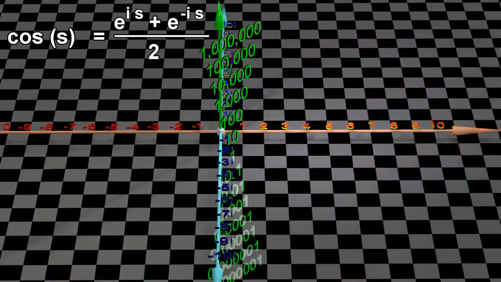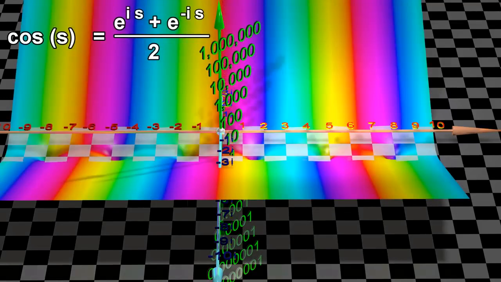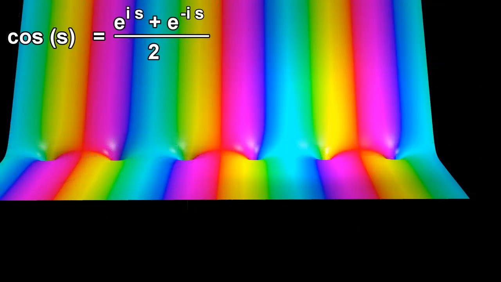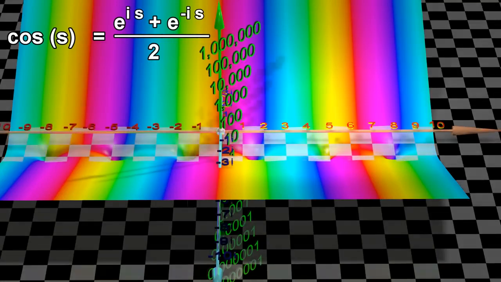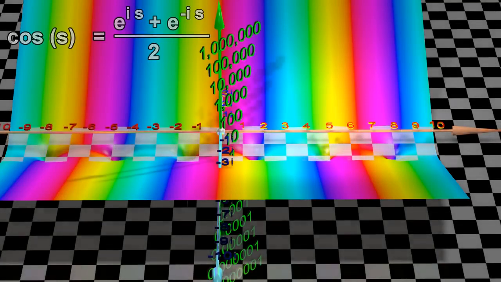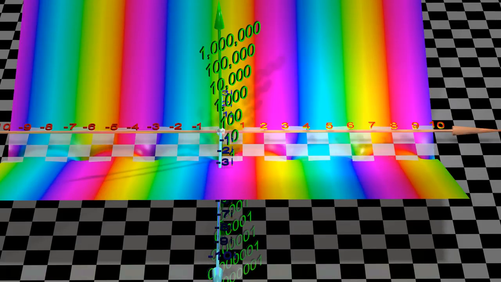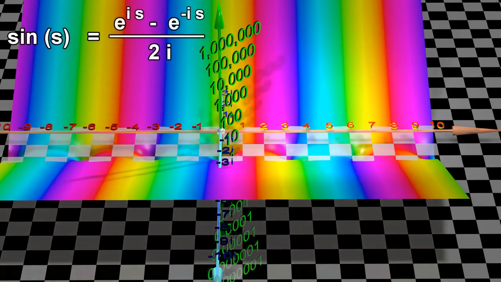By rearranging the terms and using the properties of trigonometry, we can get the following formula for the cosine of an imaginary number.